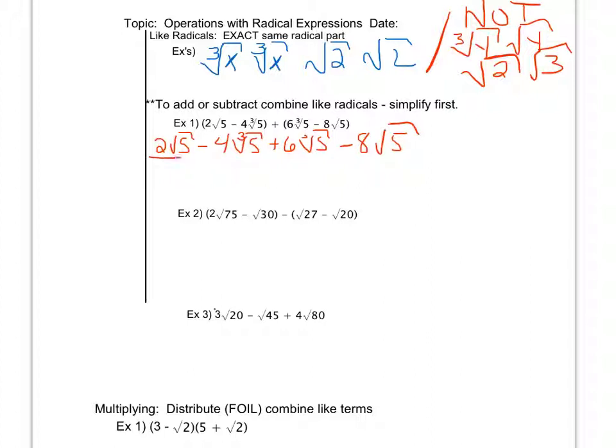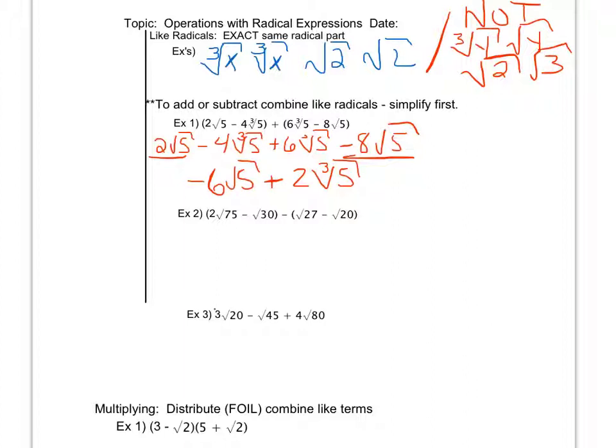I see that these are both square roots of 5. Putting them together, remembering the sign belongs to the number, 2 and negative 8 is negative 6 square root of 5. Negative 4 and positive 6 is positive 2 cube root of 5. Since the square root of 5 and the cube root of 5 are not like terms, there's nothing else I can do. That's my final answer in simplest form.